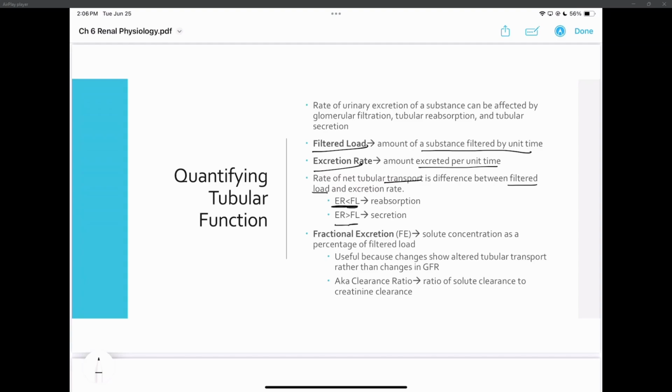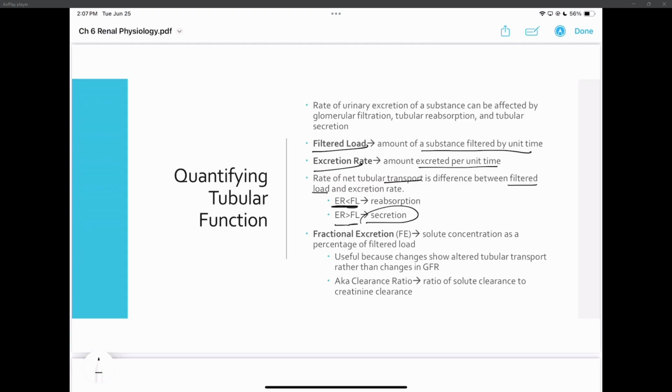Anytime you add a substance into the tubular fluid outside of the Bowman's capsule, it's called secretion, because you're adding more to it. If I dumped into my tubular fluid 10 units of potassium, but then I look at my urine and I have 13 units of potassium, well, I have more potassium in the urine than I did in the tubular fluid, therefore I must have secreted some along the way to get it in there.